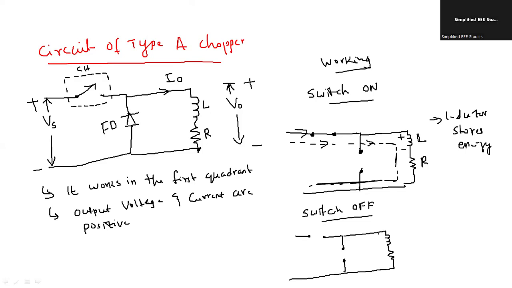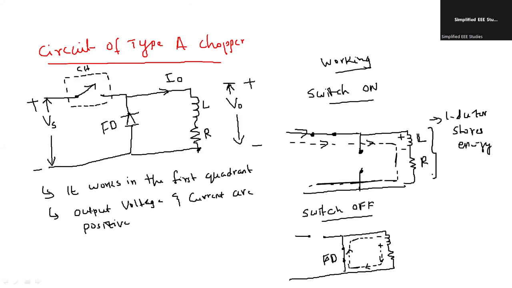Here, according to law of energy conservation, the stored energy will be discharged. So polarity will be reversed so that the current will be flowing in this direction. So that means the diode becomes forward biased. So diode will conduct, correct? So you can mark the direction of current. Clear? So freewheeling diode is going to operate.